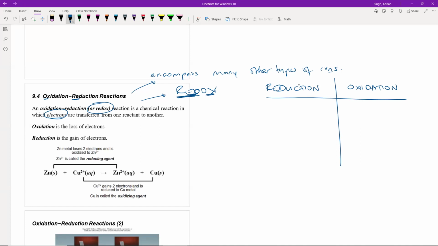All right, so oxidation, as the name suggests, means adding oxygen. Reduction is just the opposite of that. So if oxidation is adding oxygen to something, reduction would mean removing oxygen.